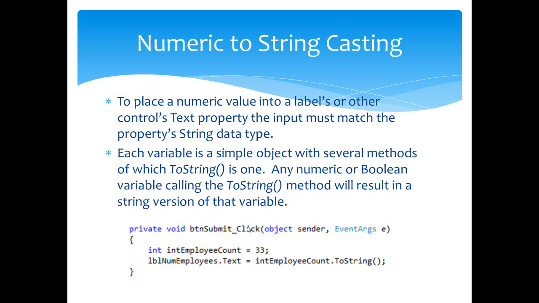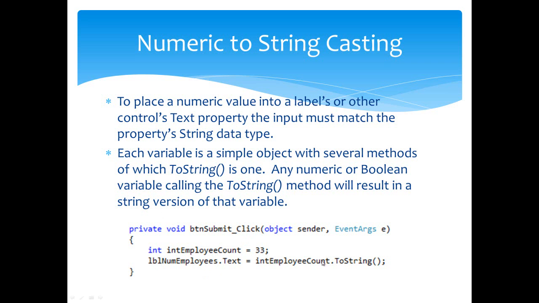So, and these are one of the easiest ones. Anytime you want to take a number and you want to convert it into a string, all you have to use is the toString method. So if you look at the screen here, you'll see that I've got this variable called int employee count, and it's equal to 33. Okay, so I want to now move that into a label that exists on my form.